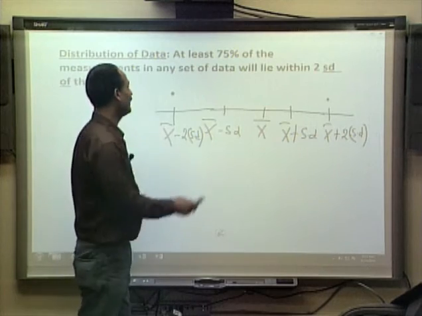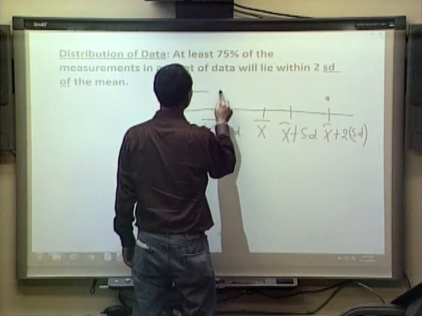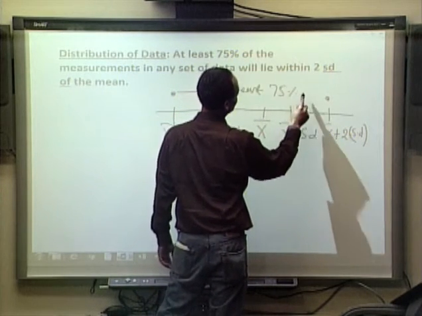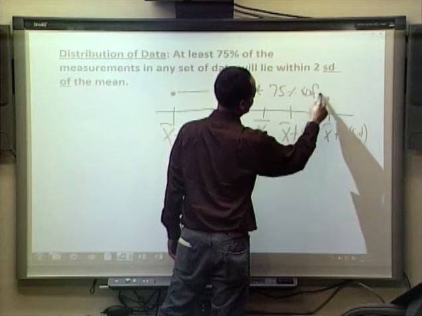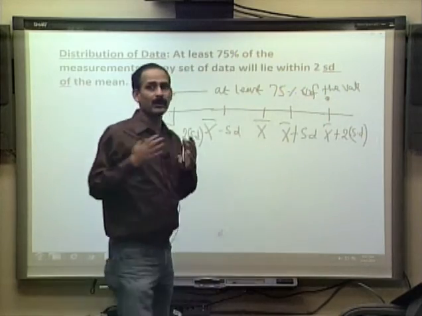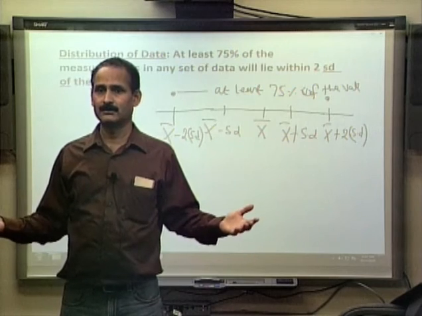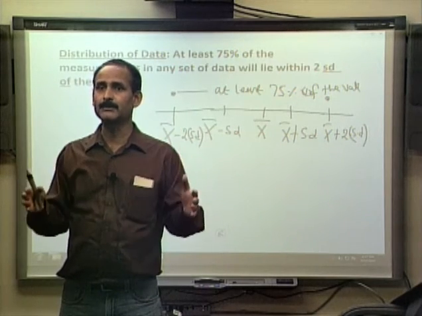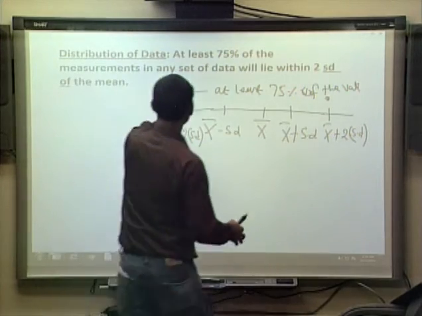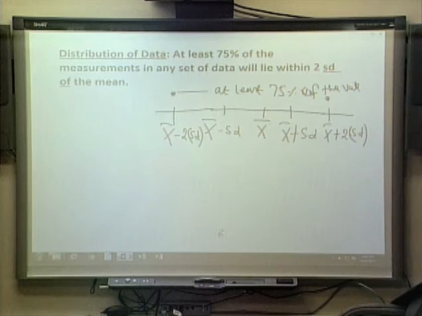For any data, from this point to this point, there has to be at least 75% of the values. So outside of these two, there will be only 25% of the values at most. At least 75% means there could be 80%, 90%, or 99% in between this value and this value. That's what this is talking about.